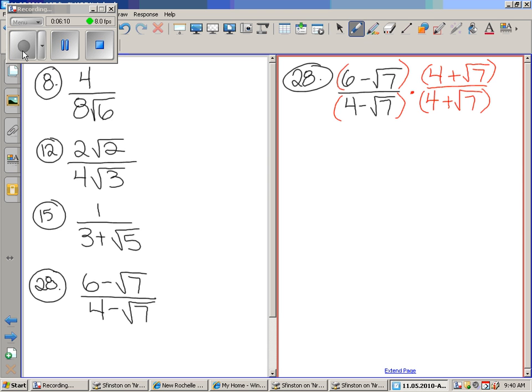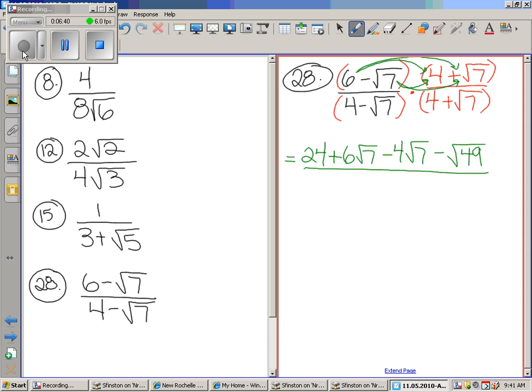All right, so here we go. 6 times 4 is 24. 6 times positive radical 7 is plus 6 radical 7. This is going to be negative radical 7 times 4 is negative 4 radical 7. And finally, negative radical 7 times positive radical 7 is negative the square root of 49.